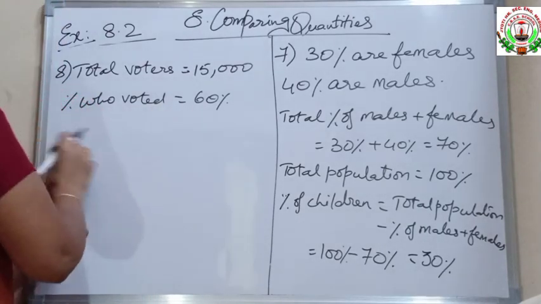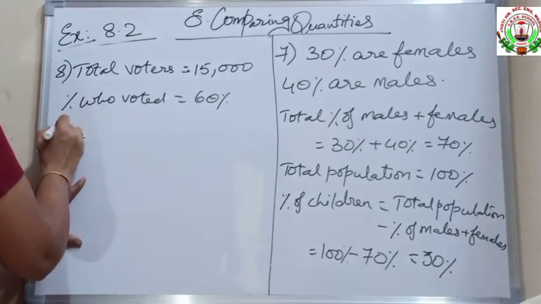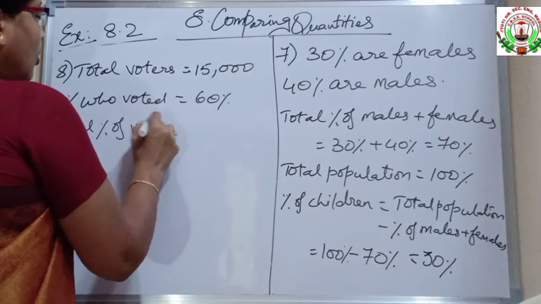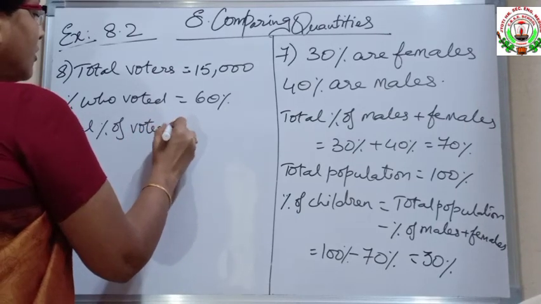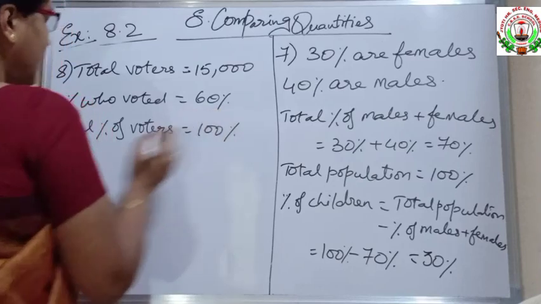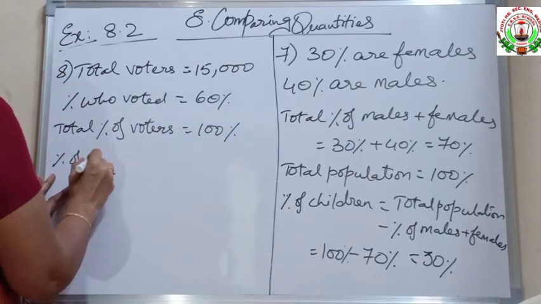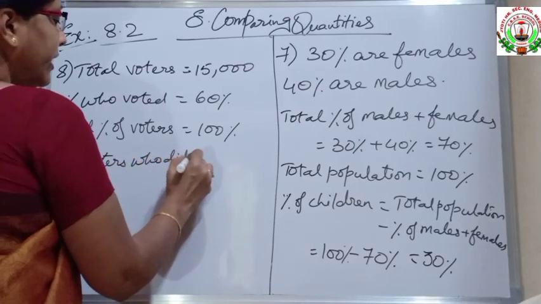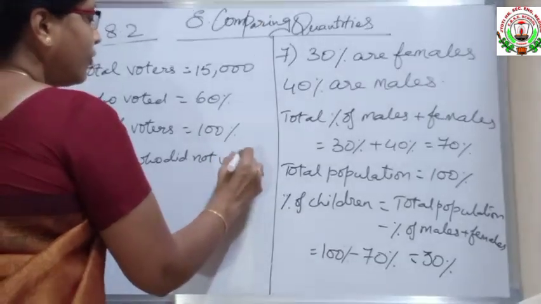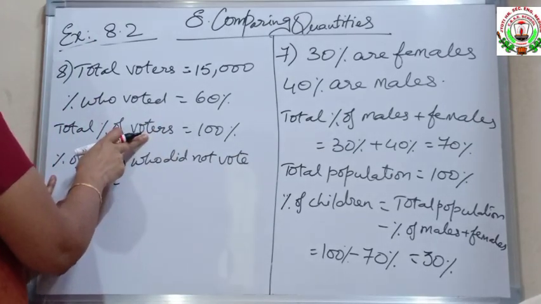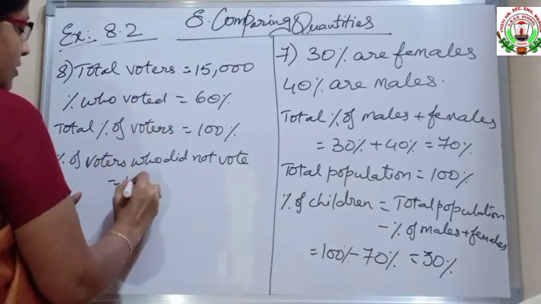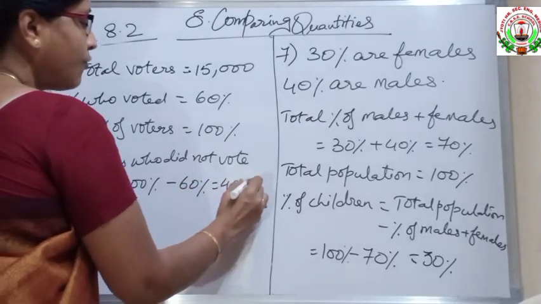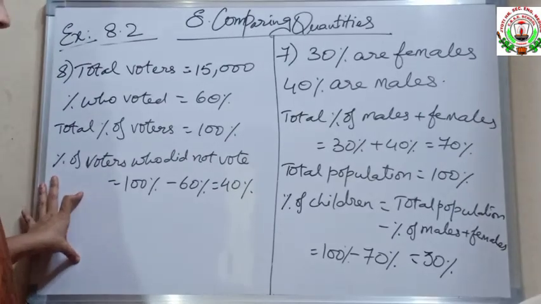Now the percentage of voters who did not vote will be the total voters minus the percent who voted. So 100% minus 60%, that is 40% of voters did not vote.